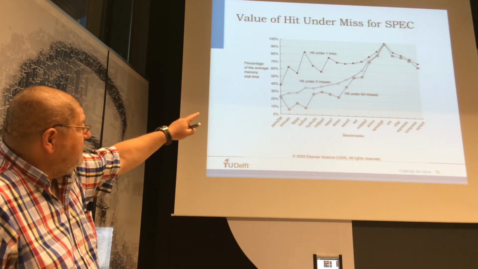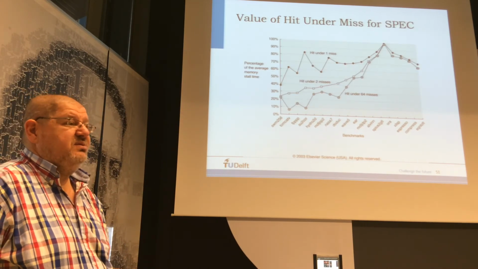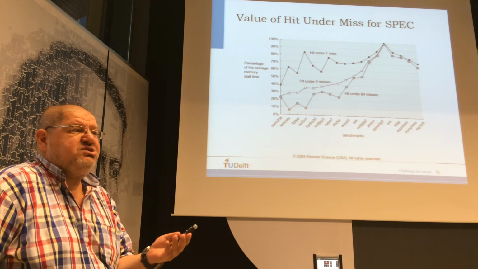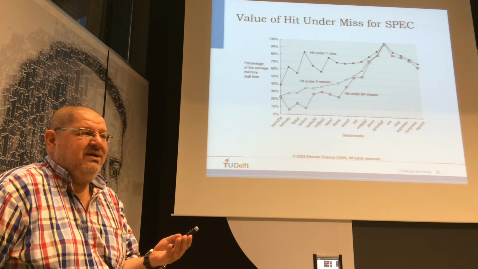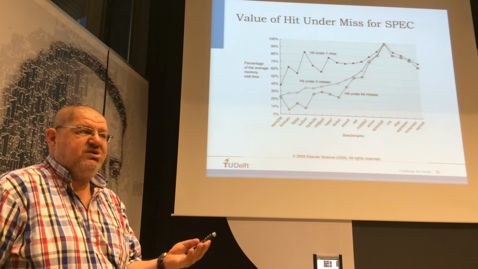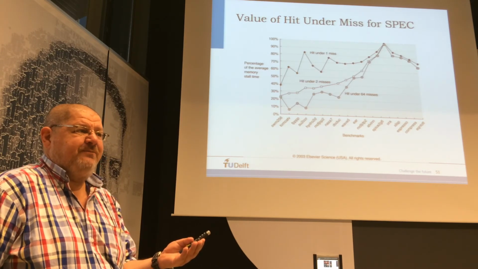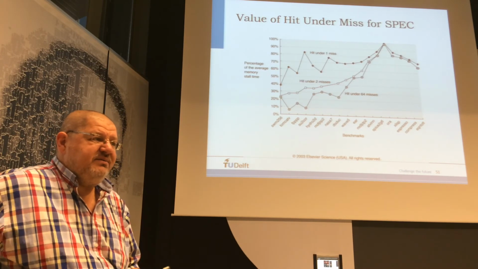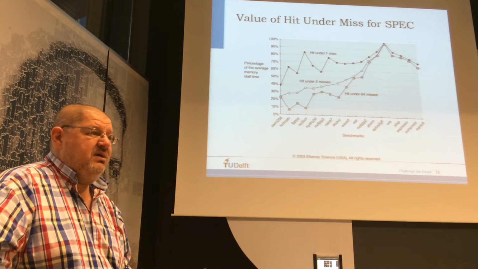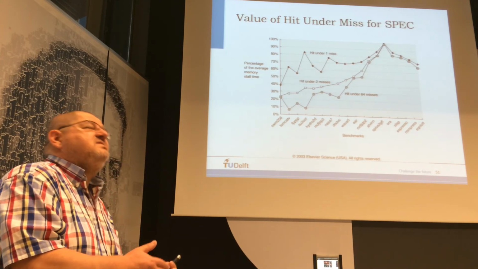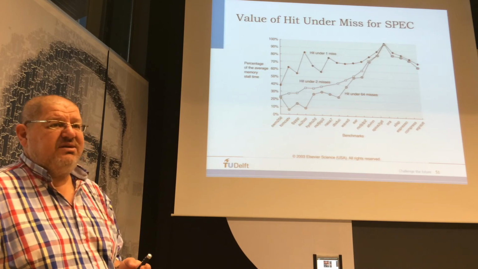And you see that for those, things are not really working. It's the same story as for instruction level parallelism. For floating point, there is more room for parallelism, while for integers, the room for parallelism is a bit limited.